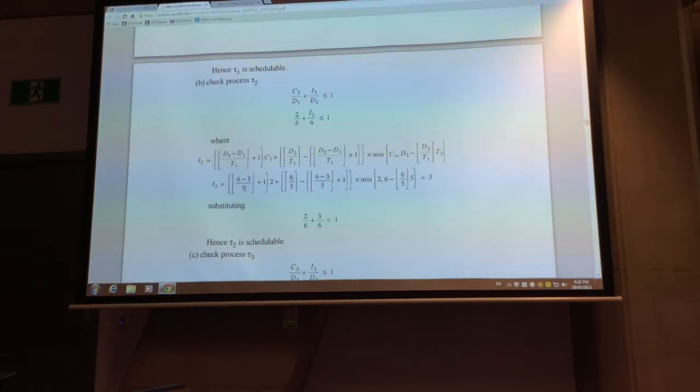The floor of that is 0. 0 plus 1 is 1, times 2 is 2. 6 over 5, the ceiling of that is 2. Yep, 2 minus, we just calculated that, that's all 1. 2 minus 1 is 1, times the minimum of 2, and this stuff over here, well, we've got the floor of 6 over 5, that's 1.